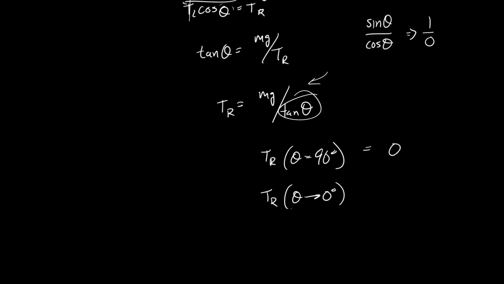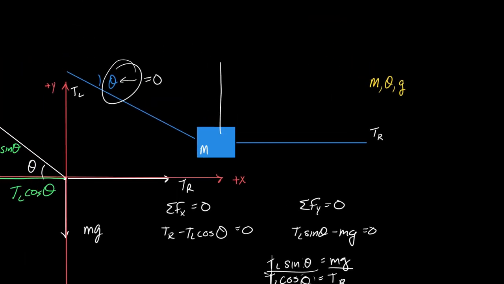What happens to this function as the denominator gets closer and closer to 0? Can you divide by 0? Can you divide by a really small number? So that means TR gets bigger and bigger and bigger as we attempt to make this angle equal to 0.